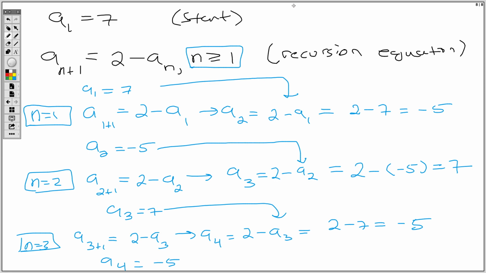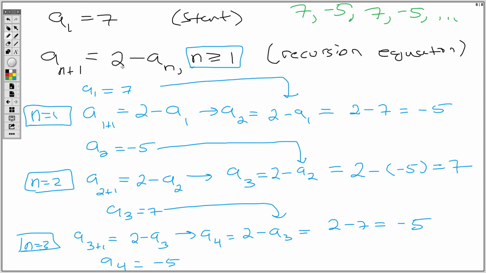So this sequence generates the numbers 7, negative 5, 7, negative 5, and so on. So it just flips back and forth between the two. The way I think about this, and this is eventually the way you want to get to with recursion, initially you want to spell out each of the steps, but if you try to take a big picture here, we're starting with 7, and the way we're getting to the next one is taking 2 minus the one we have.